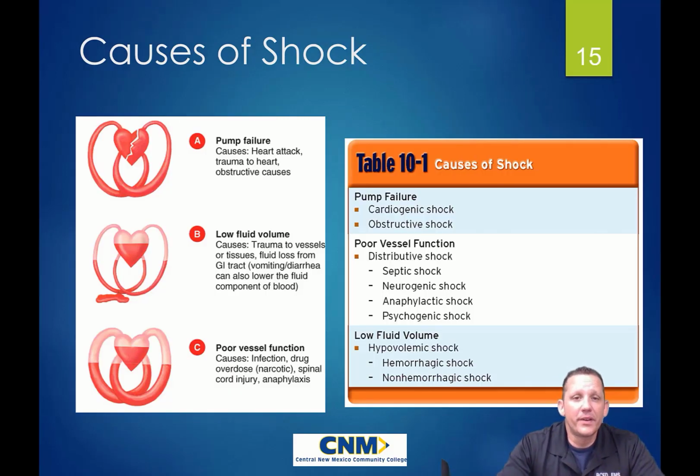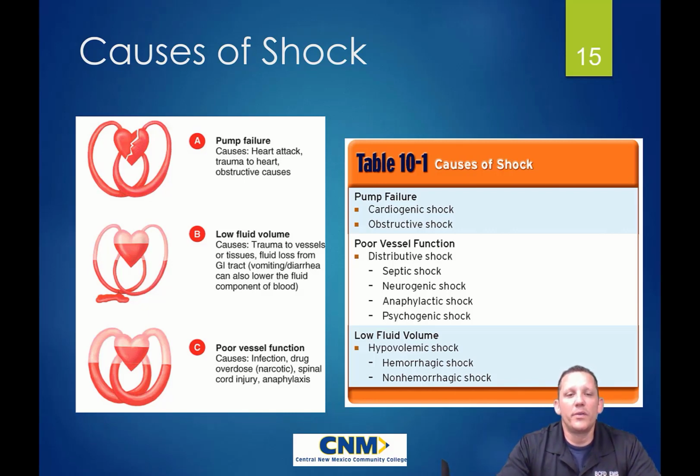We can have pump failure, low fluid volume, or poor vessel function. We'll talk about this again, right? Like pump failure: I have a heart attack and I lose a big chunk of heart cells that are unable to contract anymore. Now my ejection fraction has gone down. I'm unable to pump against vascular resistance, and so this creates a negative cascade of events.